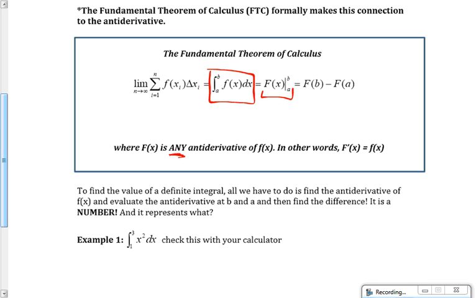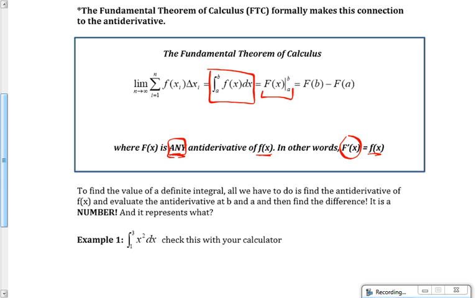Capital F of x can be any antiderivative of the original function. So this will work provided that the derivative of what you use is equal to the original function. Okay? I'll show you the process, and then I'll try to give you a little bit of background and a little bit of why this works.